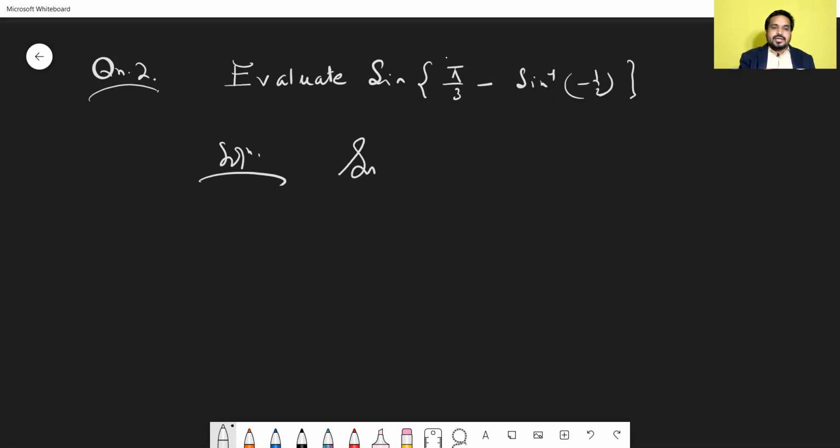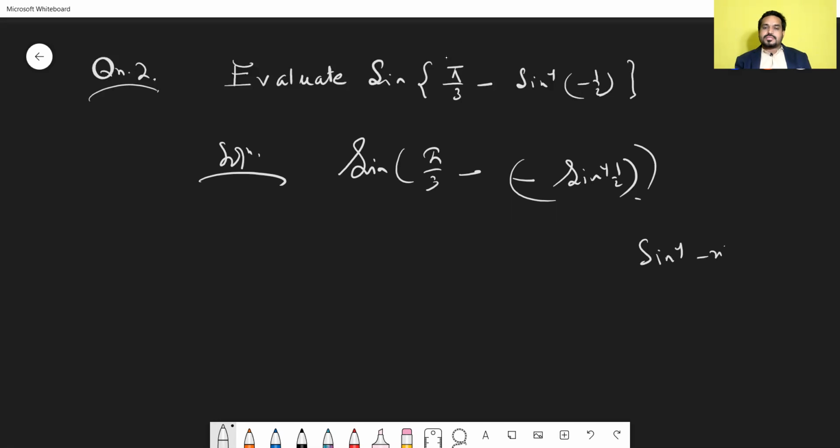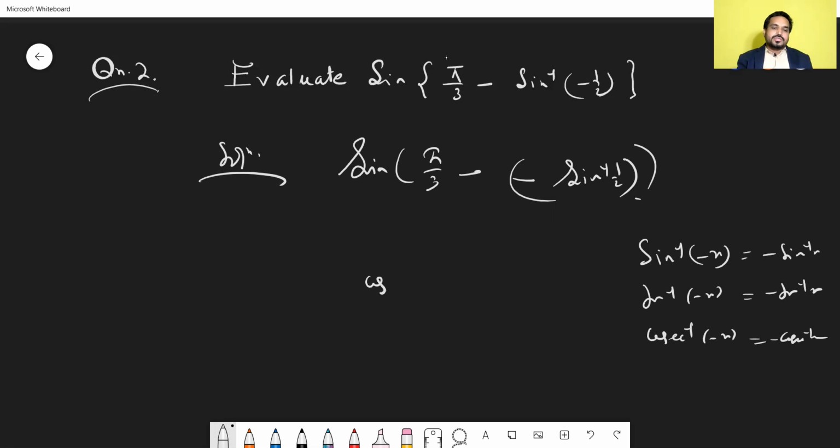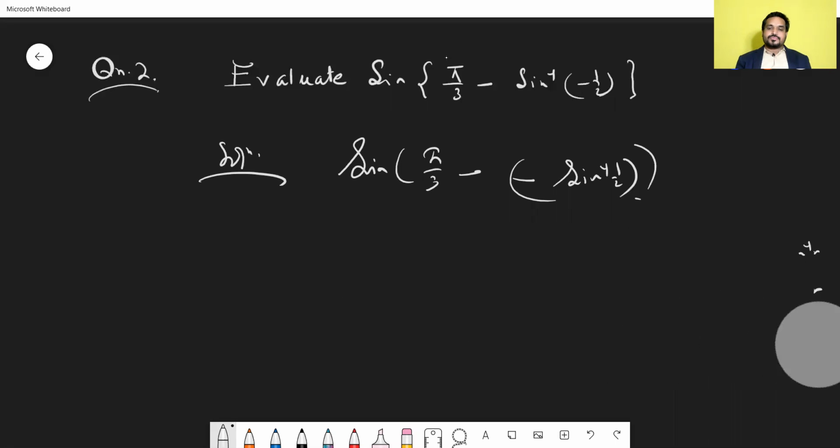Solution: sin(π/3 − sin⁻¹(−1/2)) is sin(π/3 + sin⁻¹(1/2)). So students, you know the formulas: sin⁻¹(−x) is −sin⁻¹x, tan⁻¹(−x) is −tan⁻¹x, cosec⁻¹(−x) is −cosec⁻¹x, but cos⁻¹(−x) is π − cos⁻¹x. Similarly, cot⁻¹ and sec⁻¹ of −x are π minus that inverse function.